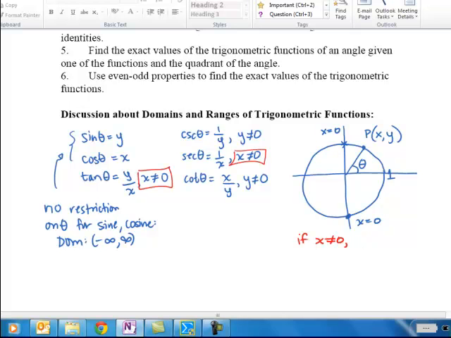This upper angle is, one of the names for that angle is pi over 2, and the lower one is 3 pi over 2. So we could say pi over 2 plus any multiple of pi: 3 pi over 2, 5 pi over 2, 7 pi over 2, 9 pi over 2, and the negatives, negative pi over 2, negative 3 pi over 2, and so on. I'm going to write this as pi over 2 plus k pi, where k is an integer.